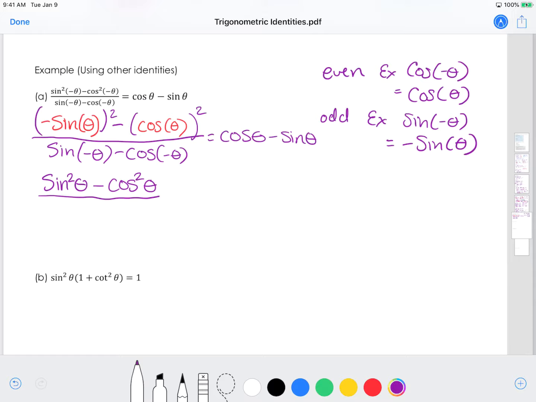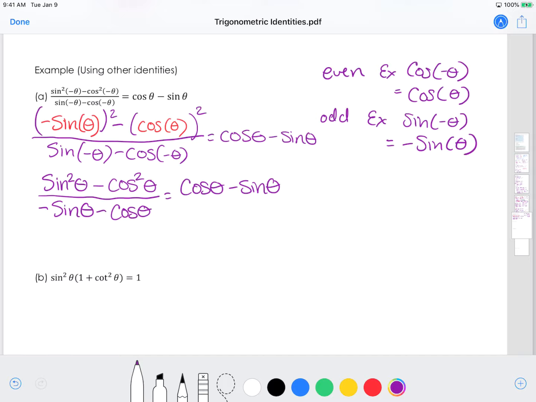Sine of negative theta is going to become negative sine theta using my properties of odd functions, and then cosine of negative theta is going to be replaced with cosine theta using my properties of even functions. And I want to show that that's equal to cosine theta minus sine theta.